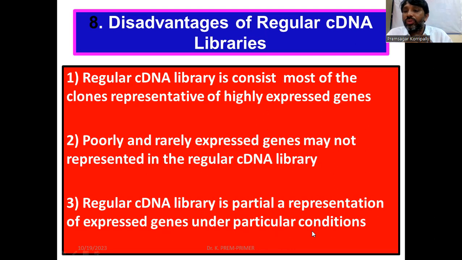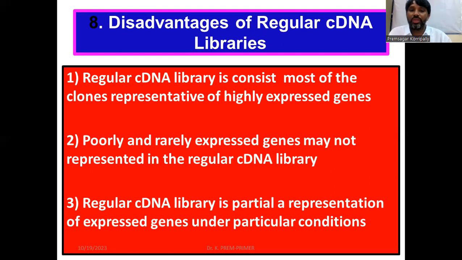Because of the highly expressed genes' mRNAs and cDNAs, it is not going to be a complete representation of the particular condition. It's a partial representation of the mRNA expressed in a particular condition. So these are the disadvantages of the regular cDNA libraries.